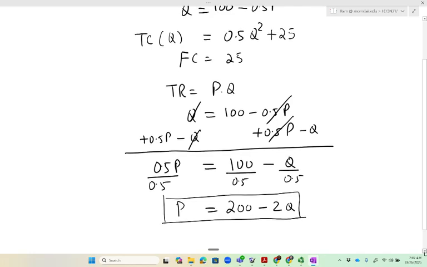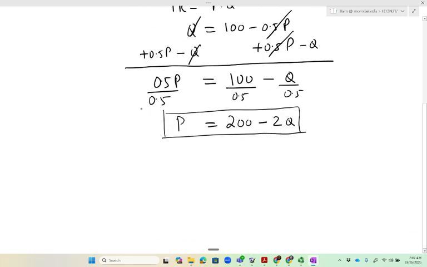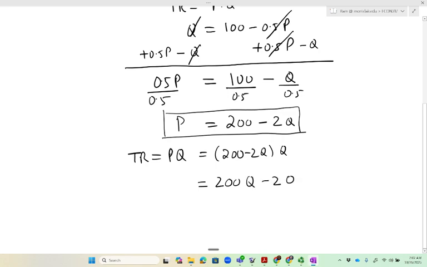Now I can find out the total revenue being price times quantity. P is 200 minus 2Q times quantity. I can simplify it by multiplying Q to each term in the parenthesis. Turns out to be 200Q minus 2Q square.